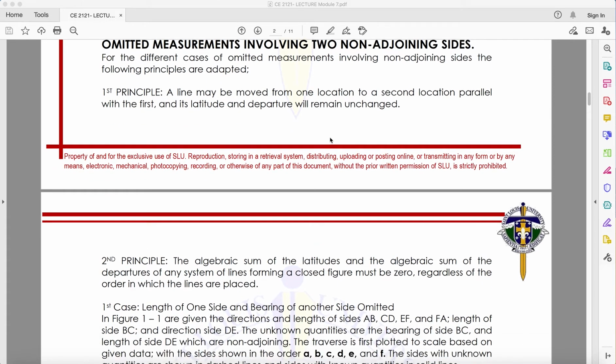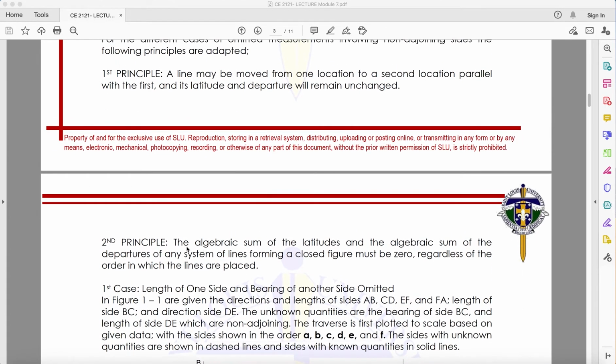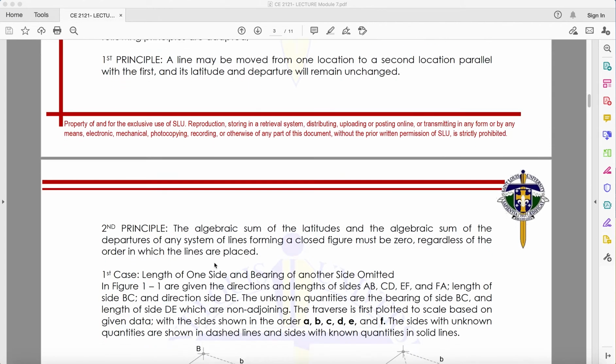Principle number two, the algebraic sum of the latitudes and the algebraic sum of all the departures of any system of lines forming a closed figure must be zero, regardless of the order in which the lines are placed.